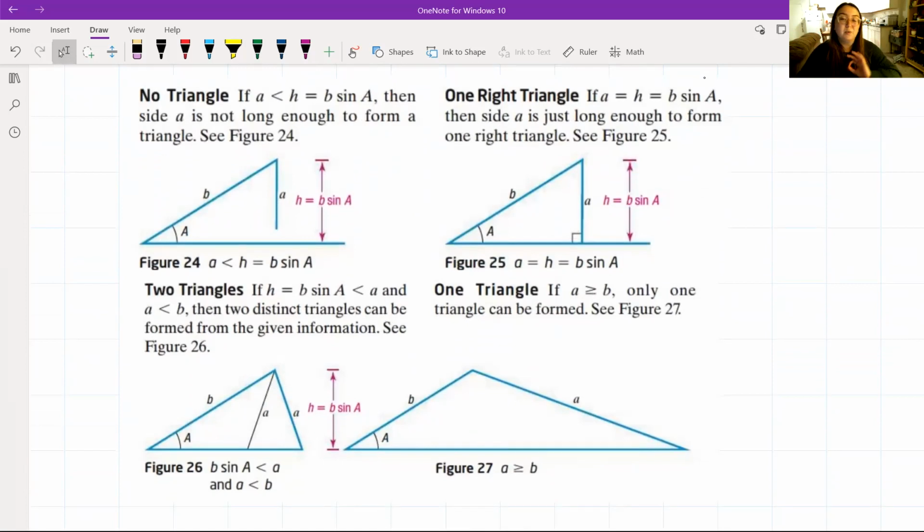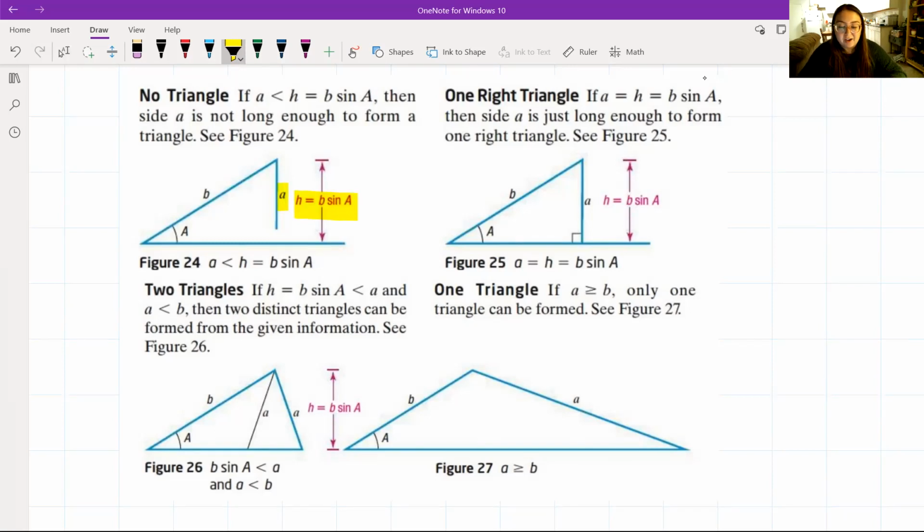If there's going to be no triangle, if lowercase a is less than h, the height, which is equal to b times sine of A, then the side a is not long enough to actually form a triangle. So we see here in our image that lowercase a is less than the height. This would mean that we didn't form any triangle, so therefore there is no triangle.